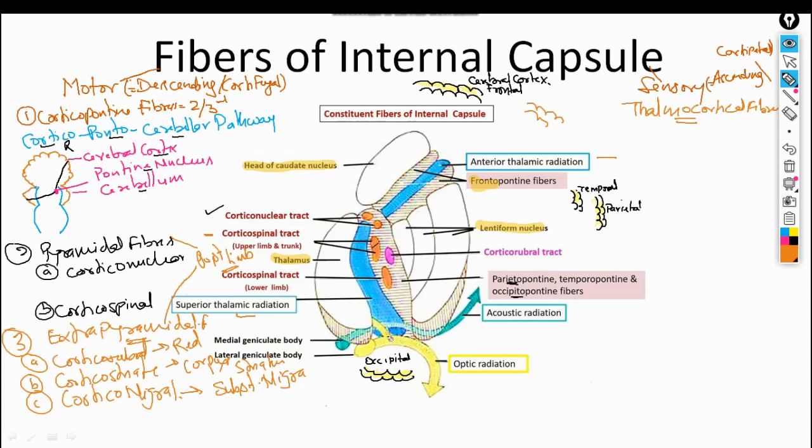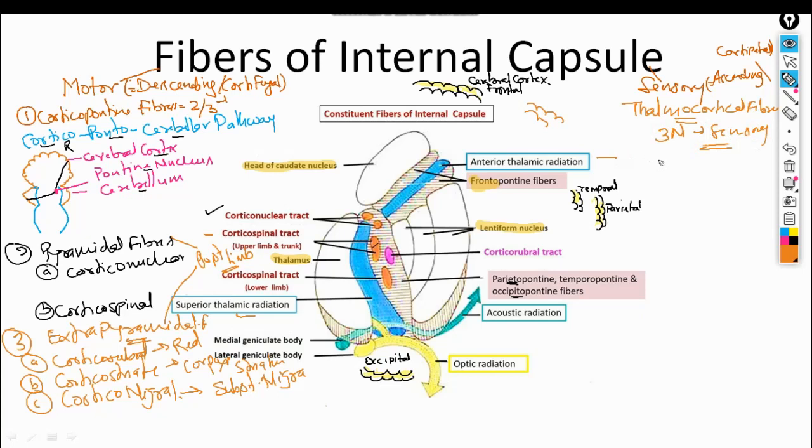The one which radiates posteriorly from the thalamus through the retrolentiform part of the internal capsule is known as the optic radiation. All these thalamic radiation fibers are third order sensory neurons. Clear? And they belong to various other pathways.